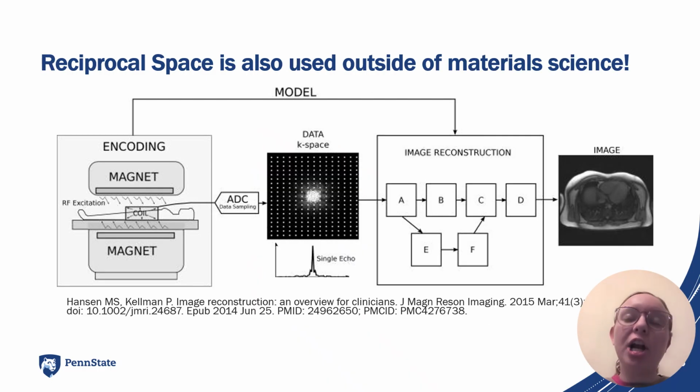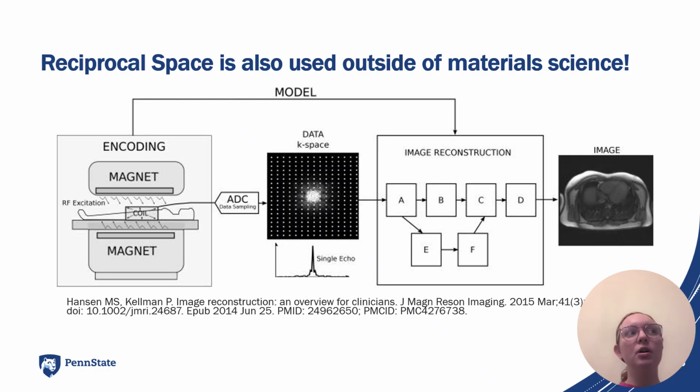In this presentation, I also wanted to mention that reciprocal space has applications in several other fields than material science. While physicists in material science use reciprocal space as a crucial tool for understanding material properties, there are several other applications, one of them being MRI technology.